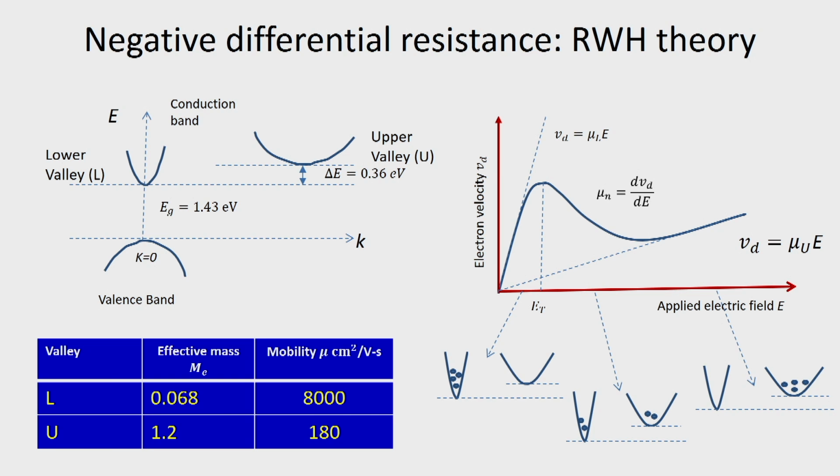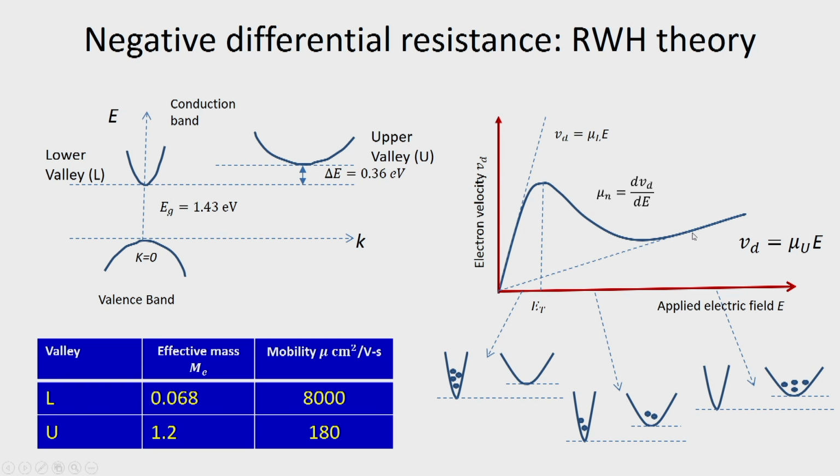Please note that initially the drift velocity increases linearly with the applied electric field, and the slope of the Vd versus E curve is very high because mobility is very large in this lower valley.